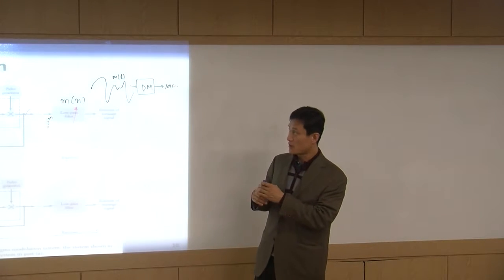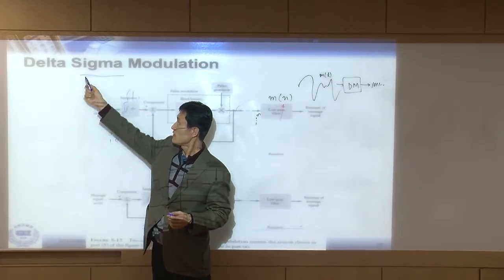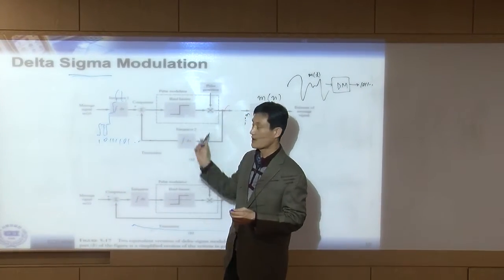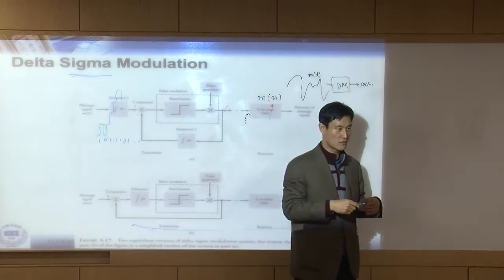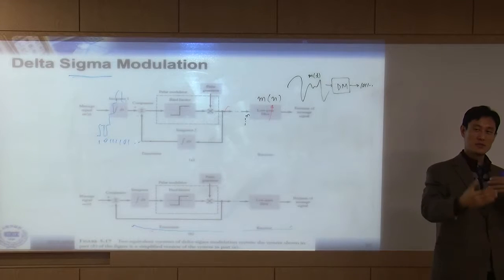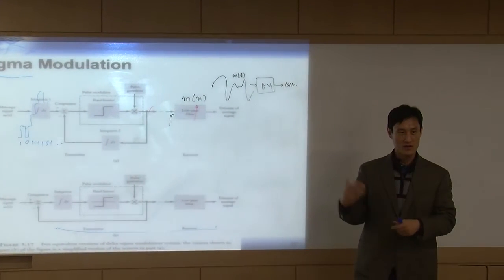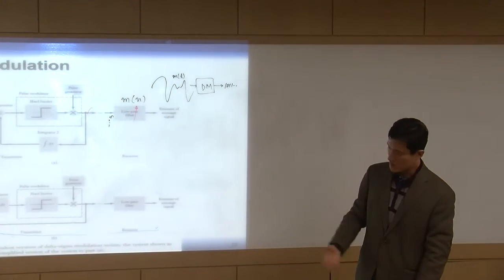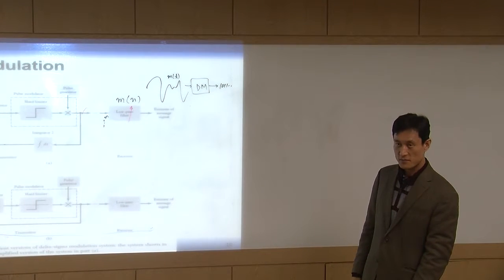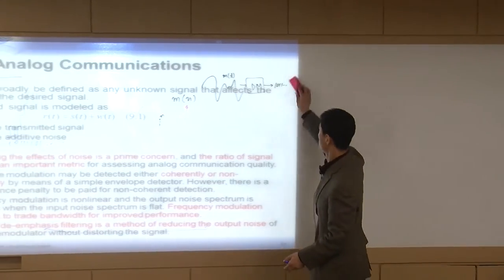In delta sigma modulation, it is almost the same, but the only difference is that you have a sigma at the transmitter. So in this case, you have an accumulator at the transmitter. In previous delta modulation, the accumulator is in the receiver. In this case, the transmitter. That's the only difference. Everything else is the same. So let me just go to the next topic.